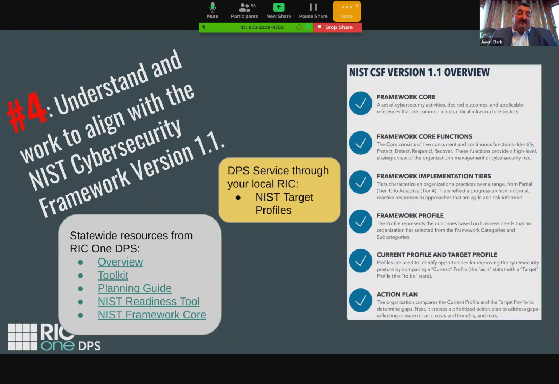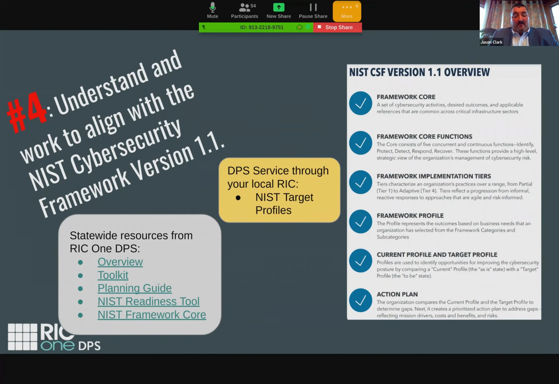As part of Ed Law 2D, every district is expected to try to align themselves with the NIST cybersecurity framework. And as part of the service at each of these RICs, we do have a tool that allows districts to self-assess and monitor how they're doing with NIST.